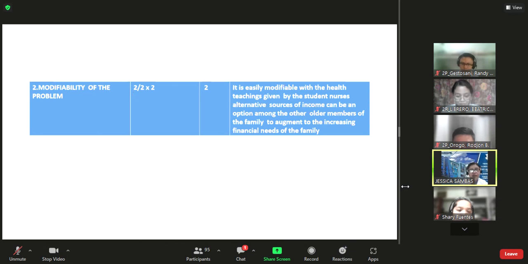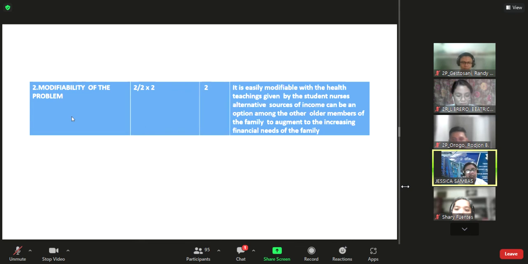So 2 over the highest score, 2, multiply it with the weight. That's the score, 2. Then you have to justify. It is easily modifiable with the health teachings given by the student nurses. Alternative sources of income can be an option among the older members of the family to augment the increasing financial needs of the family. That's just an example. So, next.